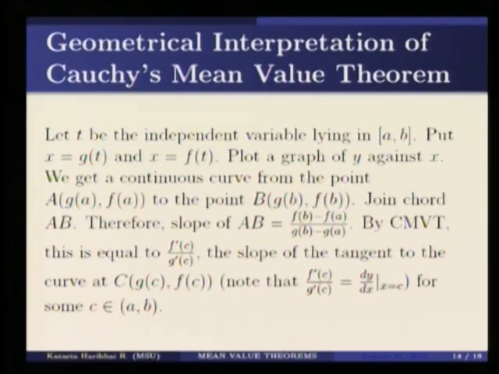Therefore, the slope of this AB is (f(b) minus f(a)) upon (g(b) minus g(a)), and by Cauchy's mean value theorem, this equals f'(c) upon g'(c), that is nothing but the slope of the tangent to the curve at the point C. Here f'(c) upon g'(c) is nothing but the derivative of y with respect to x at point C.